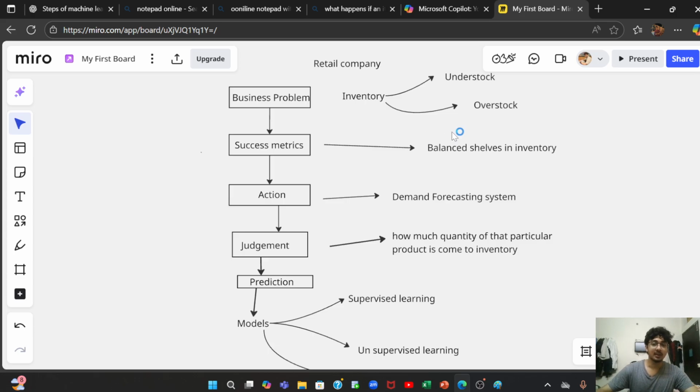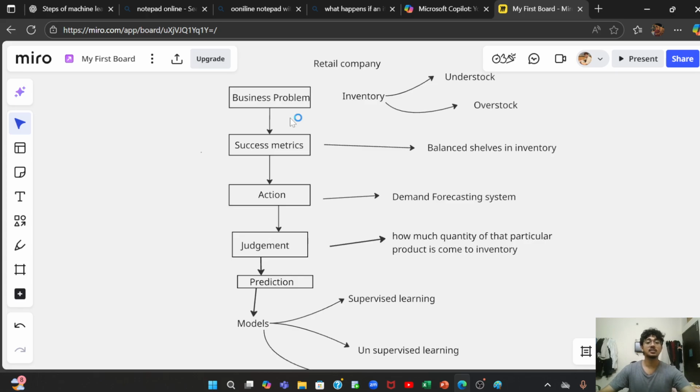Okay, and another situation is overstock, in which the product is in very low demand and those are in a rotten phase, or in an expiry phase in inventory, and those are really making a loss to the company. Okay, so this is a business problem of a retail company.